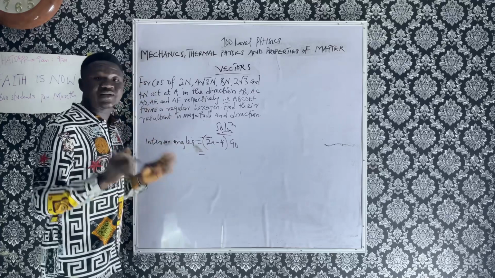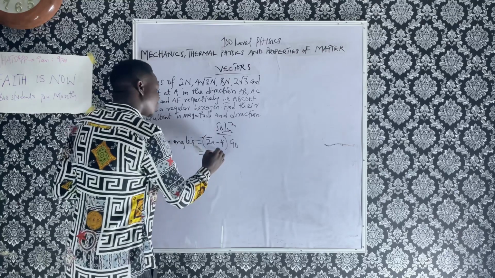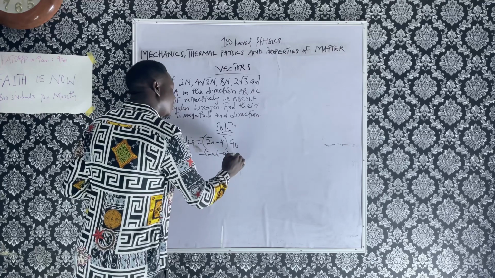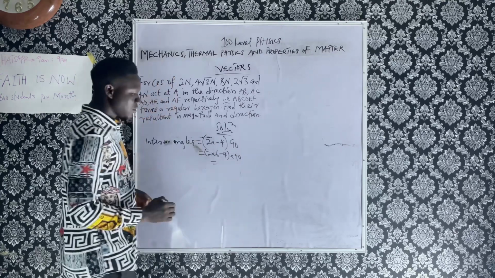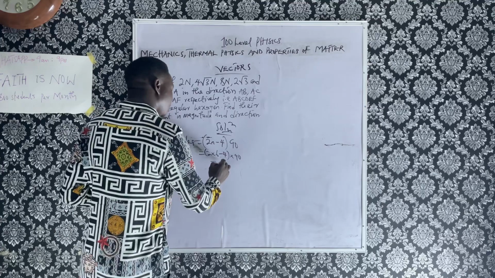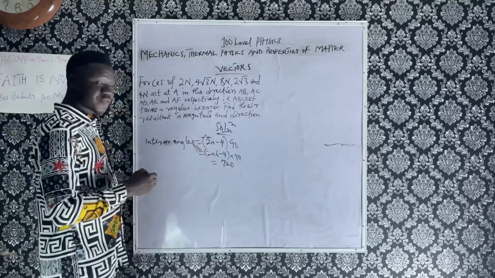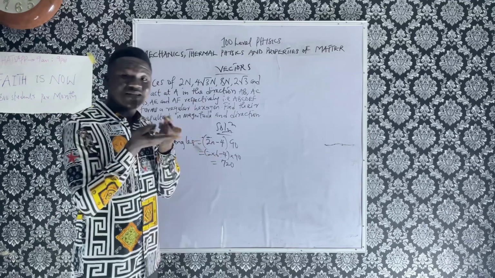Since we're talking about a hexagon, that will be (2 times 6 minus 4) times 90. I believe this should give 720. Now this is the total angle inside the hexagon.